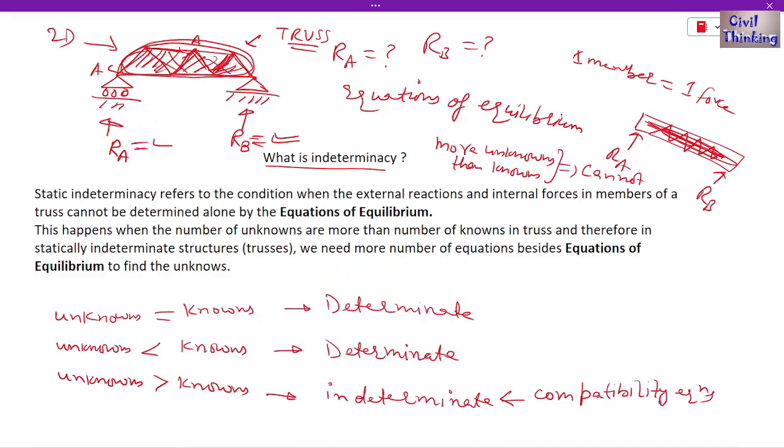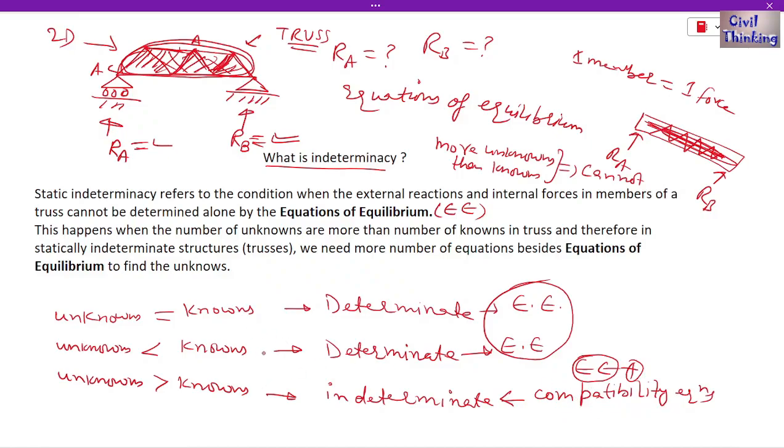EE means equations of equilibrium. Here we only need equations of equilibrium, and here also, because they are determinate. When a structure is determinate, you need only equations of equilibrium. When it is not determinate, meaning indeterminate, we need equations of equilibrium plus more equations, which we call compatibility equations.